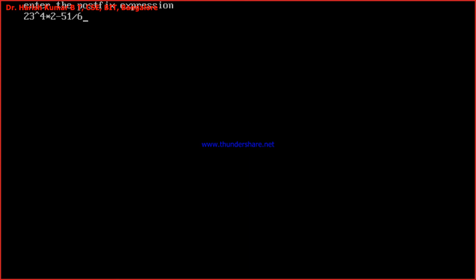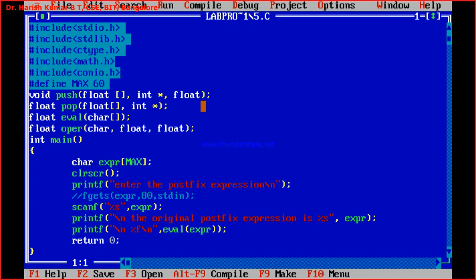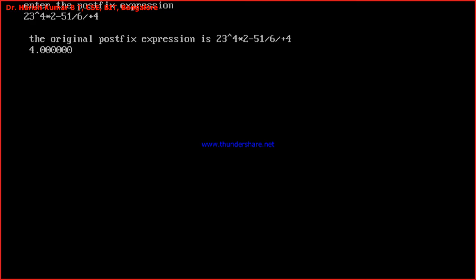That's all. Divided by plus 4. That's all. Okay. So result of this is 4. Is it correct? Because I think we have solved it. Have we solved it or not?